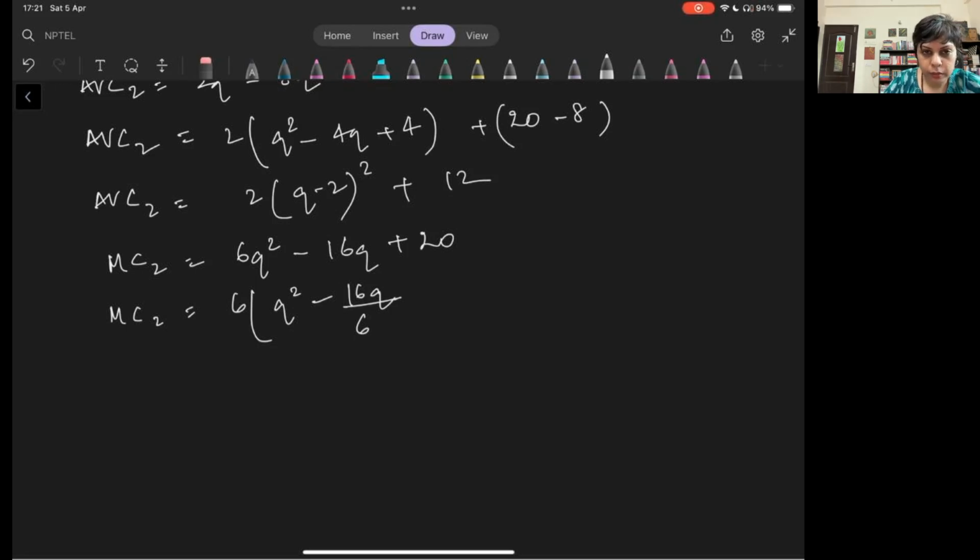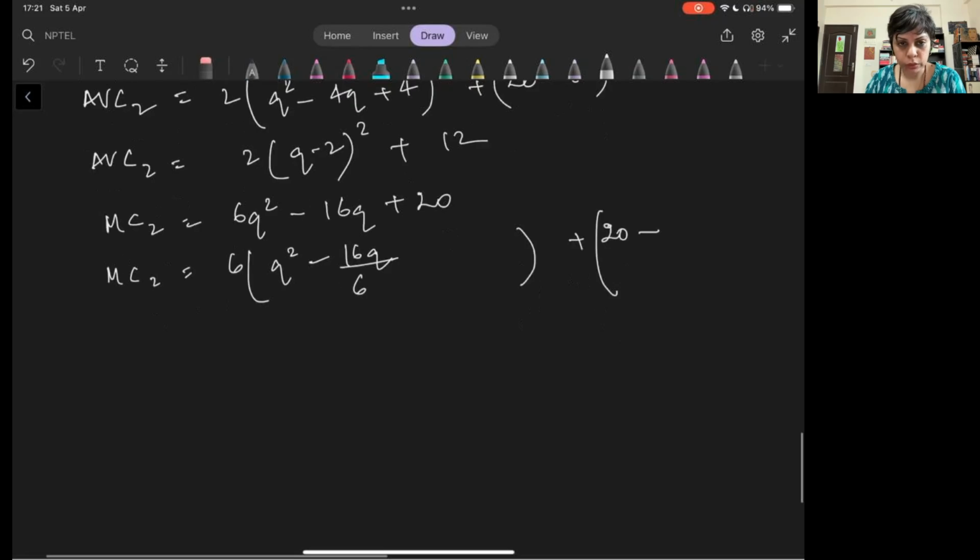I just prefer to do it this way. This is plus 20. In this, I will subtract something. So 16 by 6 is nothing but 8 by 3.